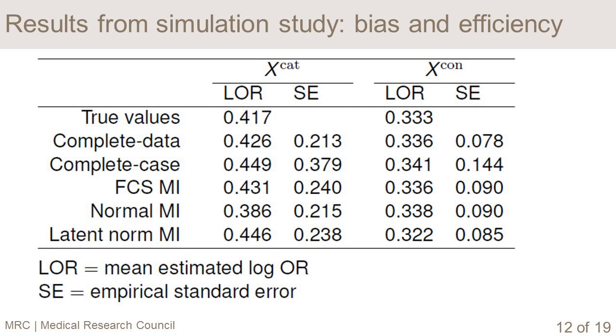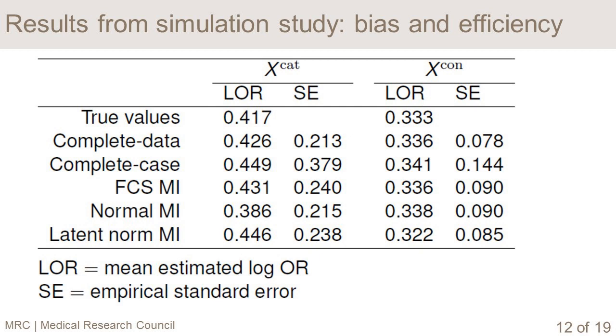This is where we analyze the data before imposing missingness on it. Remember, this is a simulation study, so we know what the missing values are. The log odds ratio estimates are approximately unbiased, and you can see what the standard errors are. The third row shows the results when you restrict the analysis just to the complete cases, just to the people with no missing data.